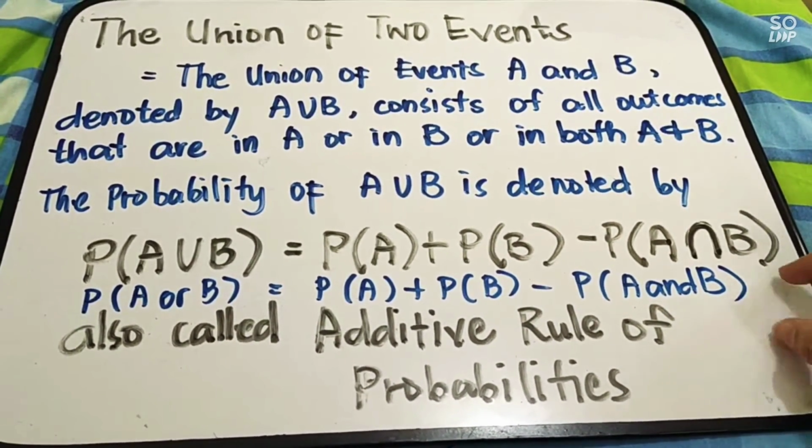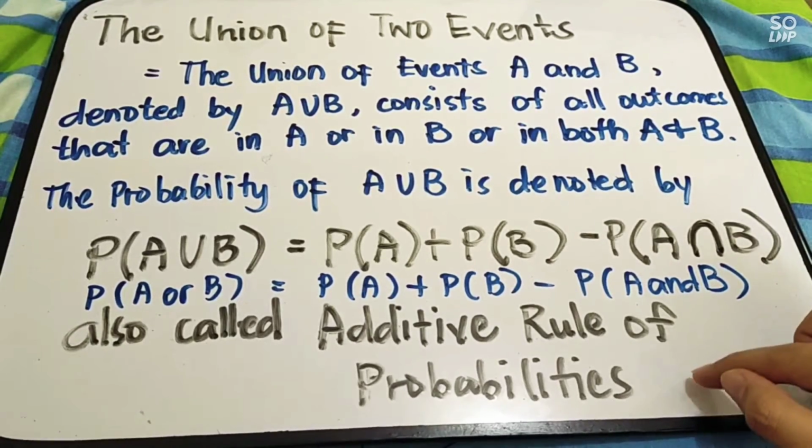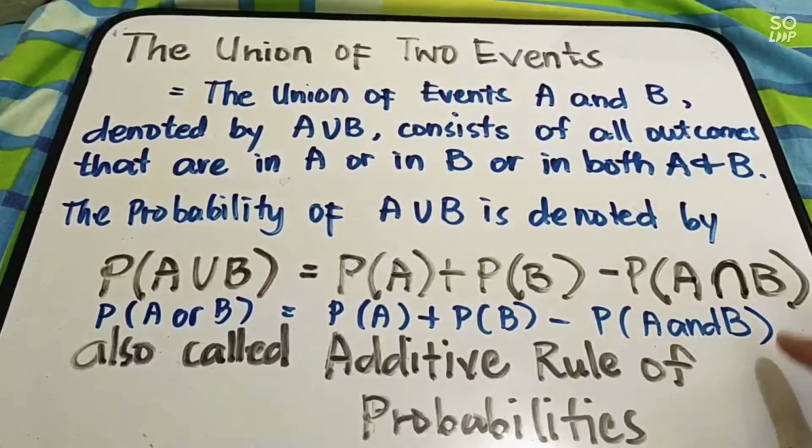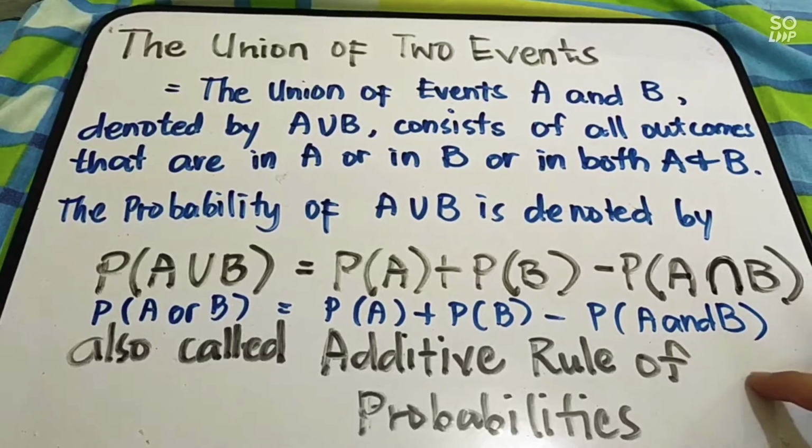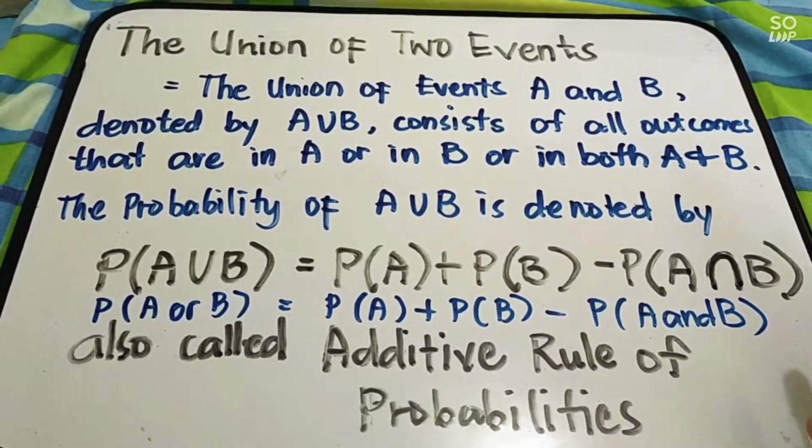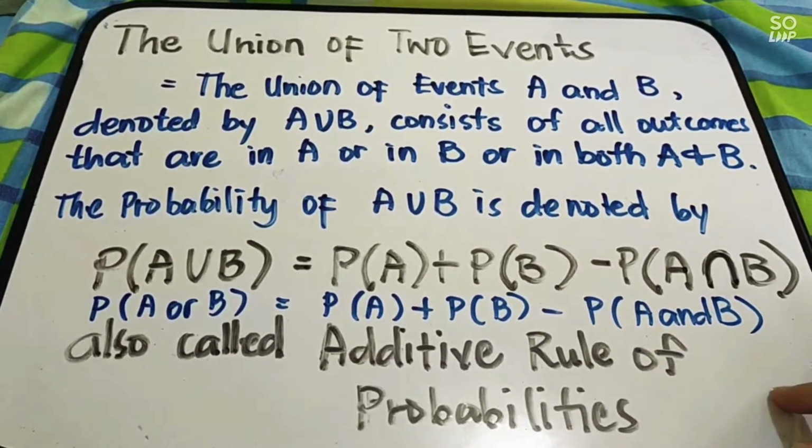This is also called the additive rule of probabilities. This is the formula we will use when we solve the union of two events.